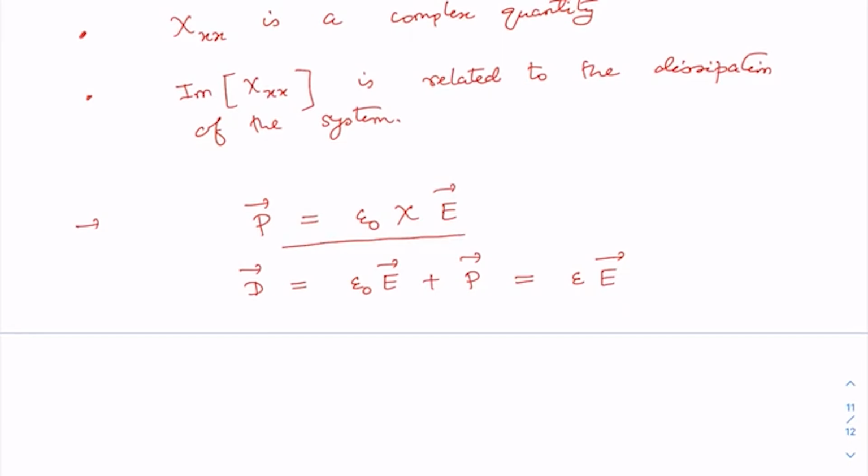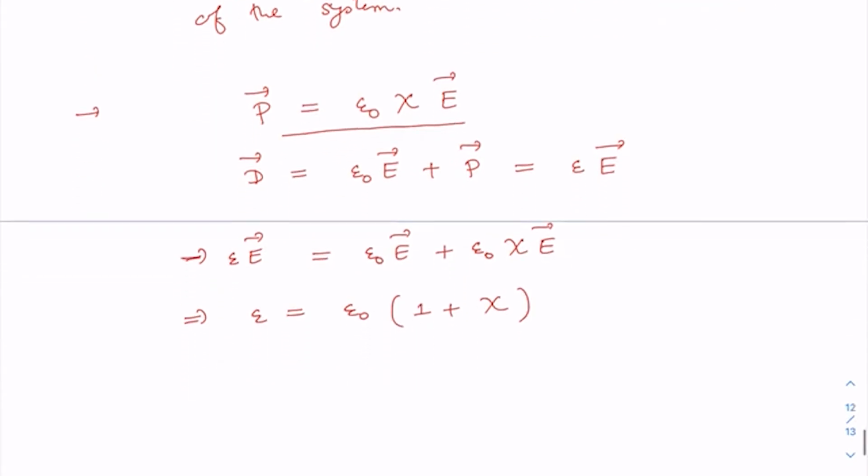So immediately we can write epsilon E is equal to epsilon 0 E plus epsilon 0 chi into E. This means epsilon is equal to epsilon 0 into 1 plus chi, where chi is the electric susceptibility, and epsilon by epsilon 0 is equal to 1 plus chi.